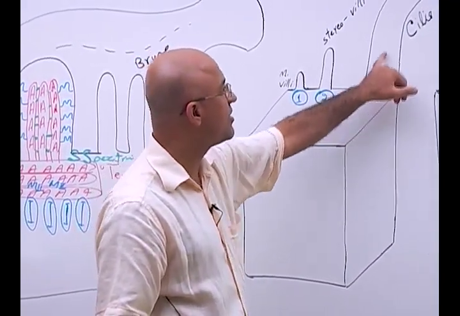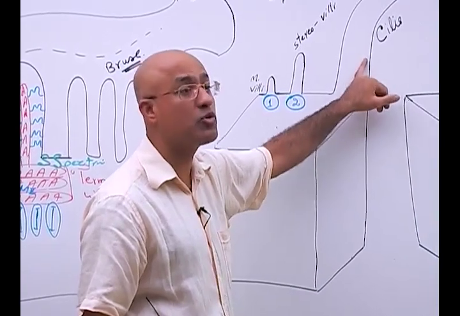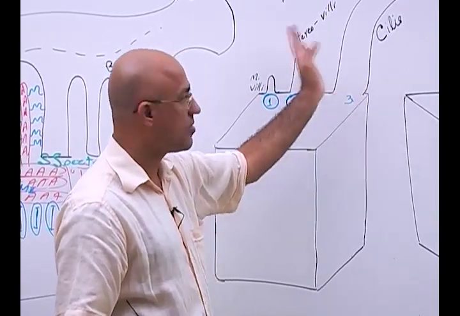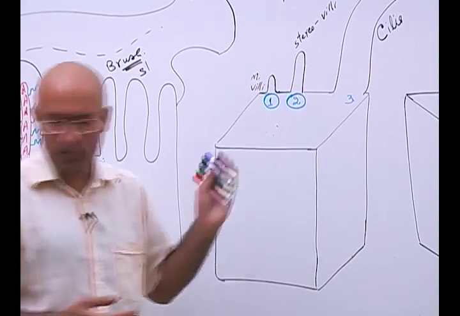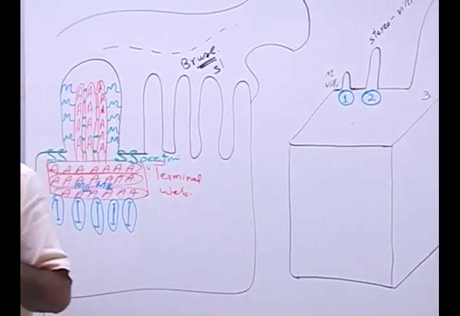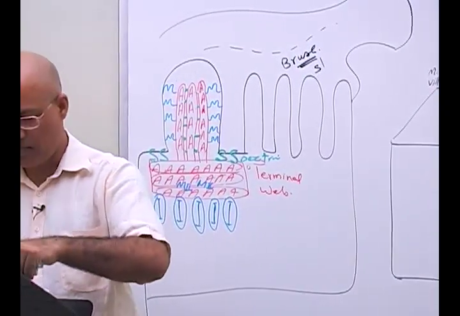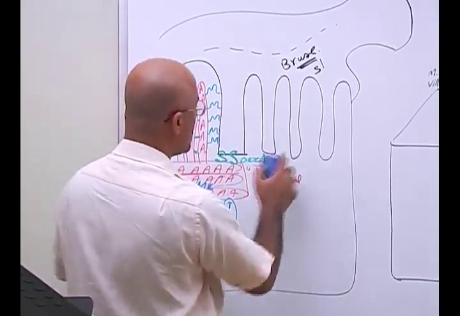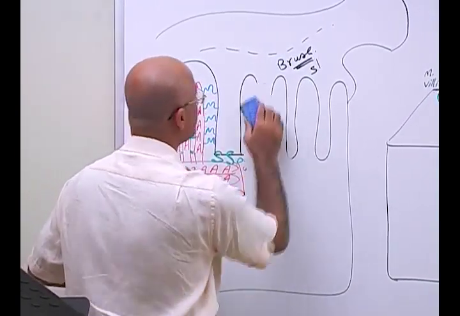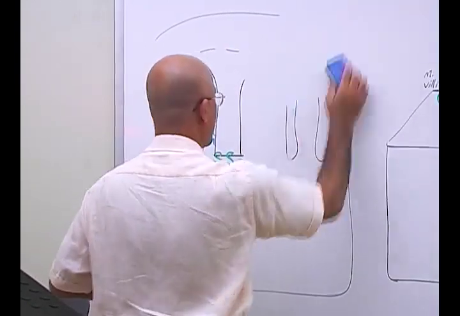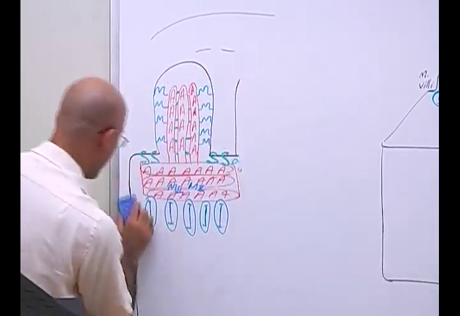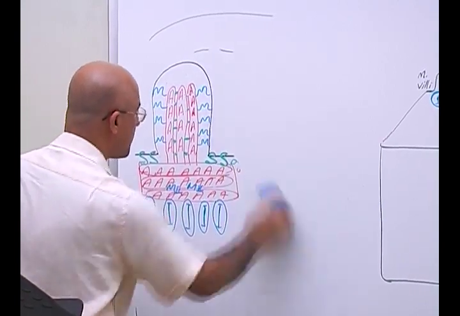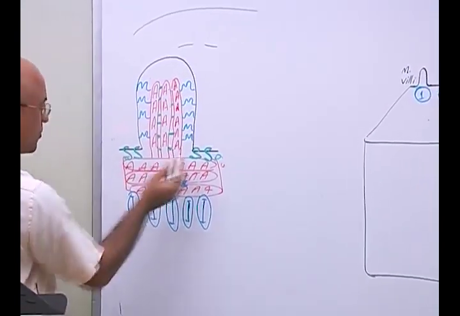What is this? Cilia, true cilia, which are motile. So let me make a structure of true cilia. Now I will make a true cilia here. This is the structure of a microvillus, right?